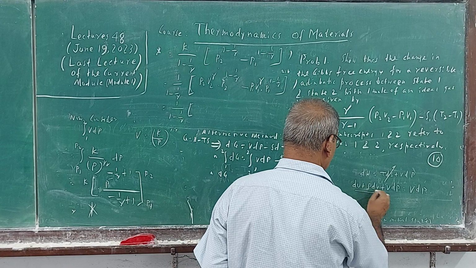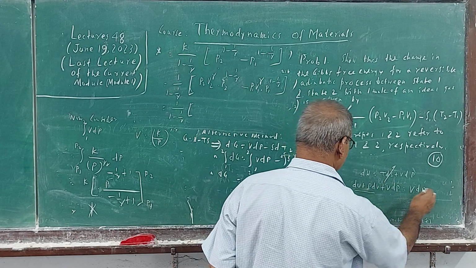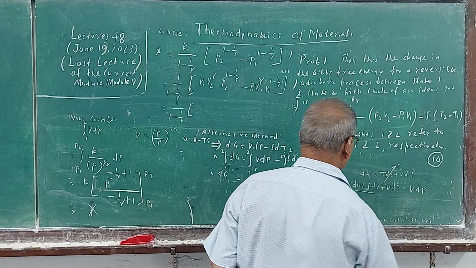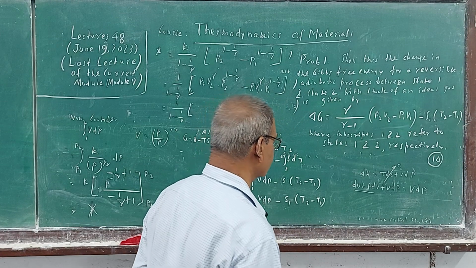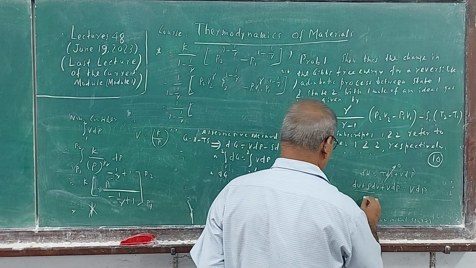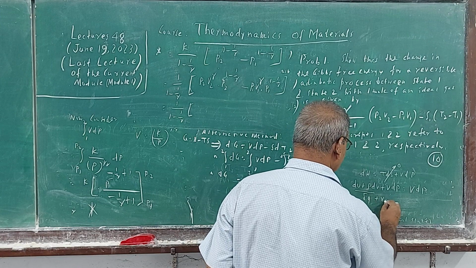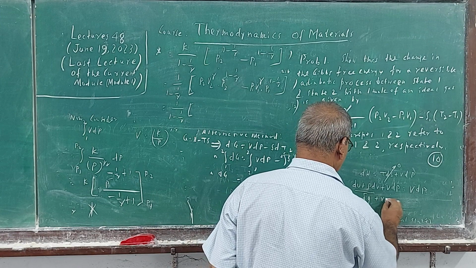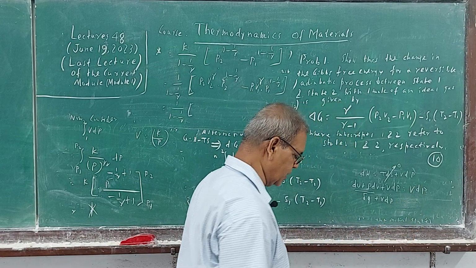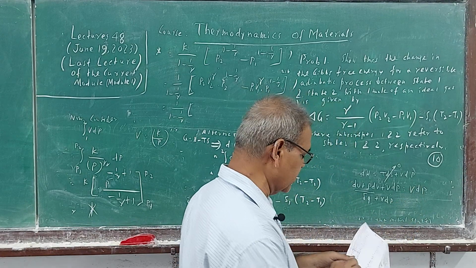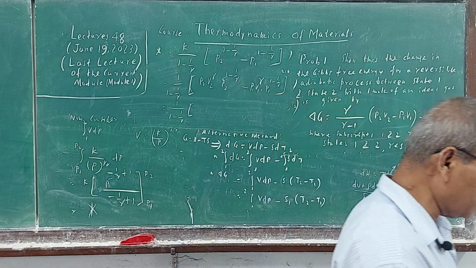DH is DU plus PDV plus VDP, which is TDS plus VDP. Here DS is 0 in a reversible adiabatic process. So this is DW, DQ plus VDP. I'll check and give you, just wait a bit. I think this should be minus PDV, but let us not waste time.